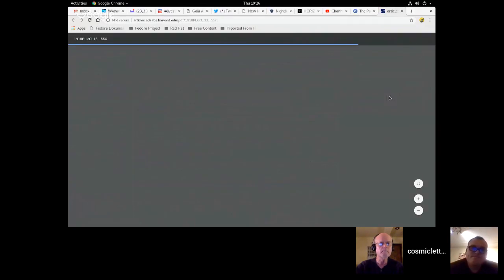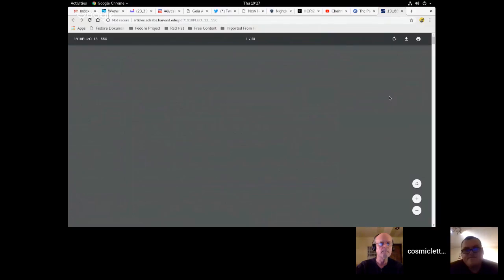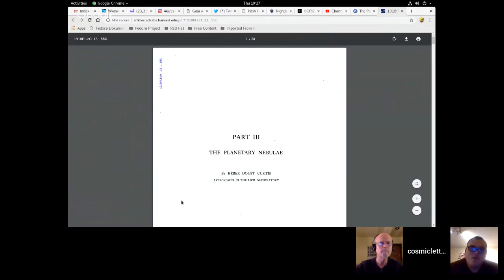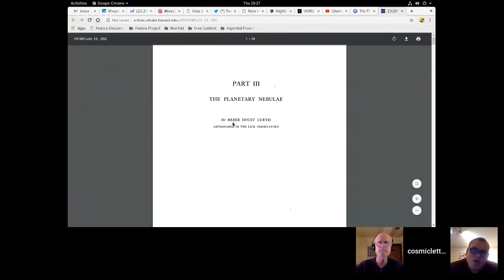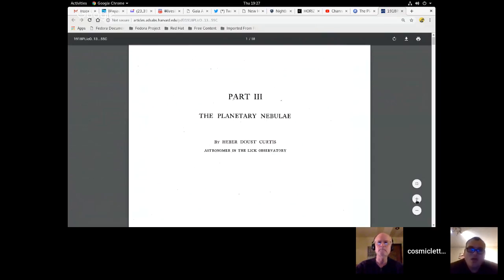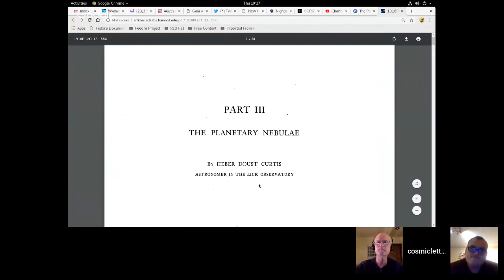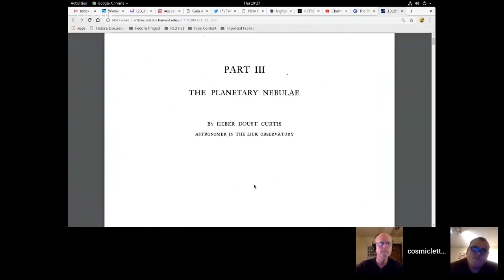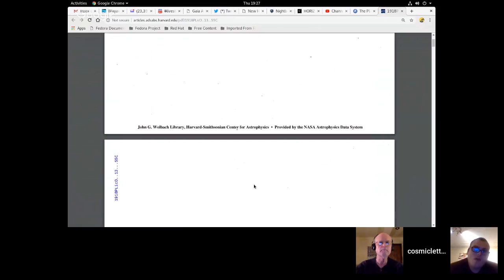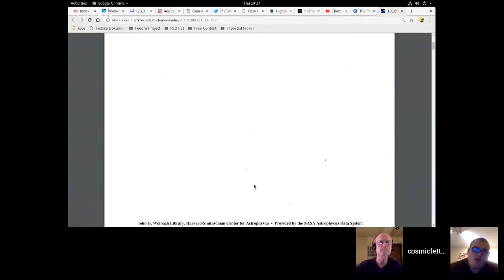I think at the time the Lick Observatory was one of the largest, if not the largest. By Heber Doust Curtis, astronomer at the Lick Observatory. Very cool. I like these old books and stuff.